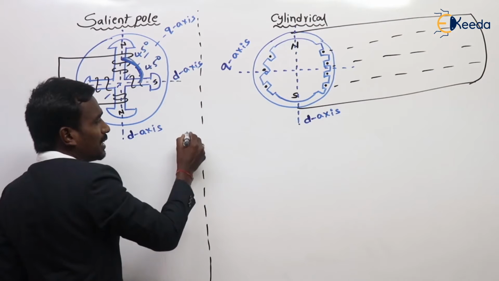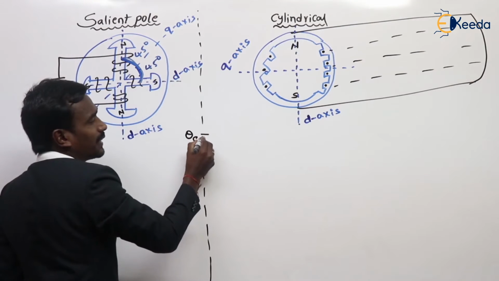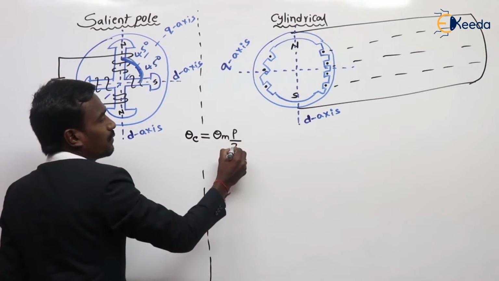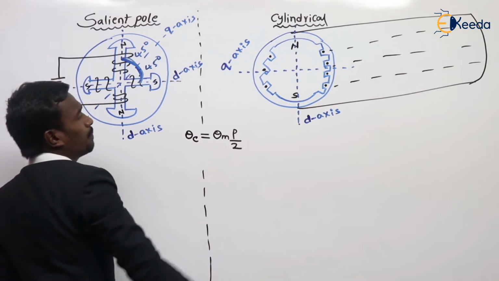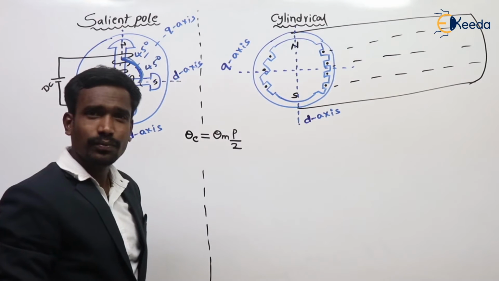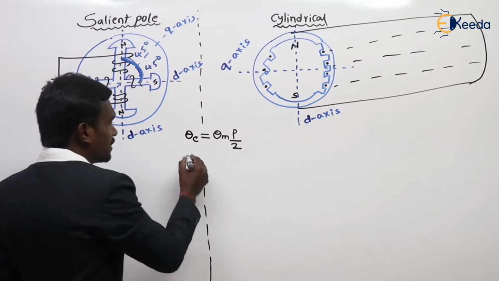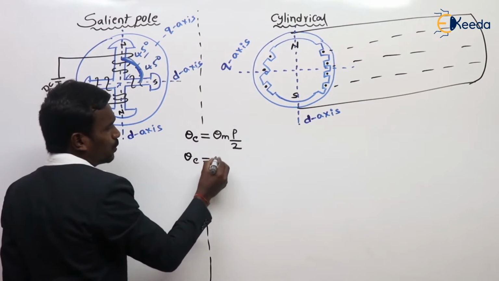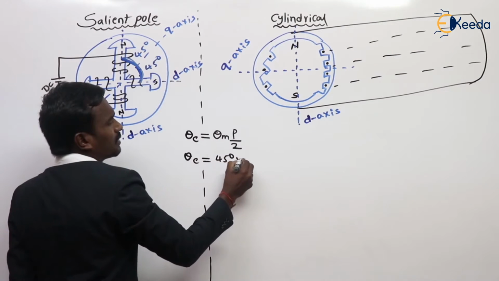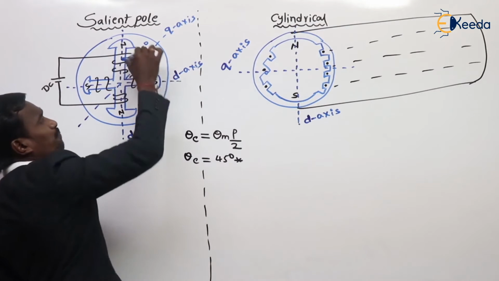Generally, we know the formula: theta electrical is equal to P by 2 times theta mechanical. Are you okay? Theta electrical is equal to P by 2 times theta mechanical. This is the mechanical angle, 45 degrees, multiplied with P by 2.